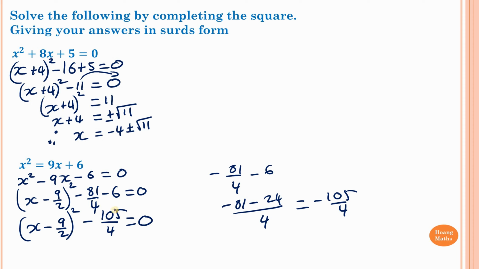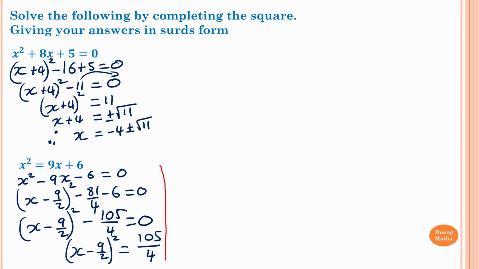So now I move the negative 105 over 4 to the other side. So this gives me x minus 9 over 2 all squared is equal to 105 over 4. Now if I square root both sides, that becomes x minus 9 over 2, which equals plus or minus the square root of 105, and then the square root of 4 is 2.